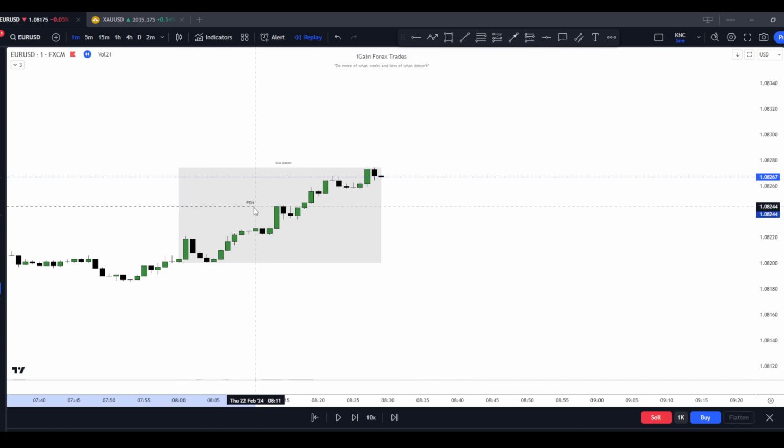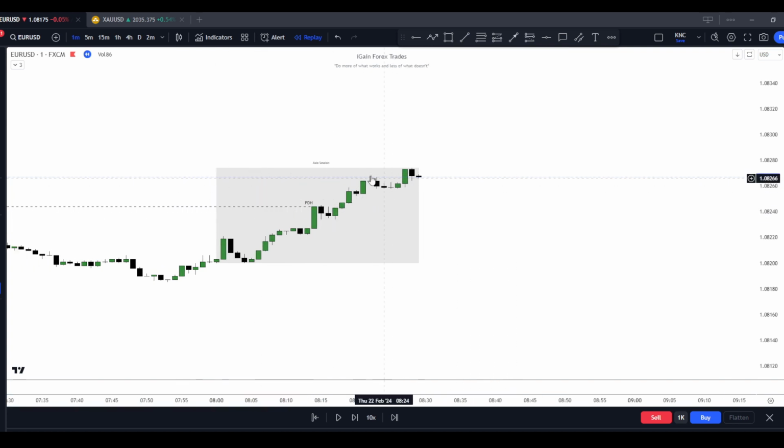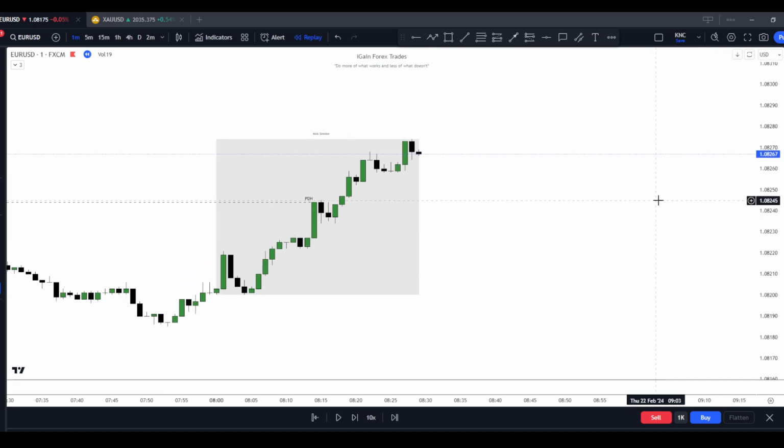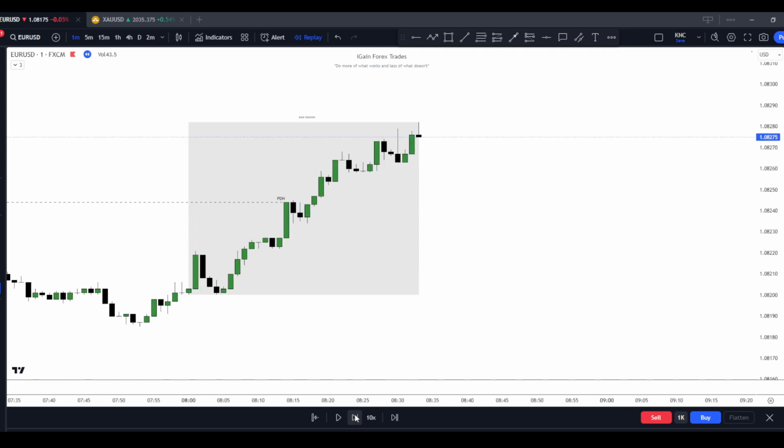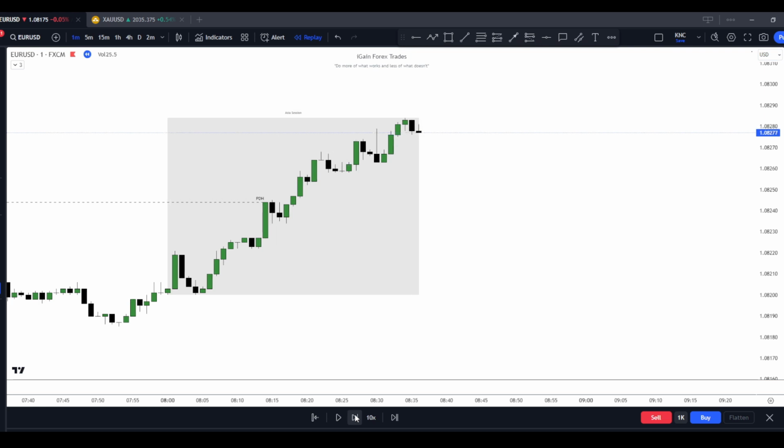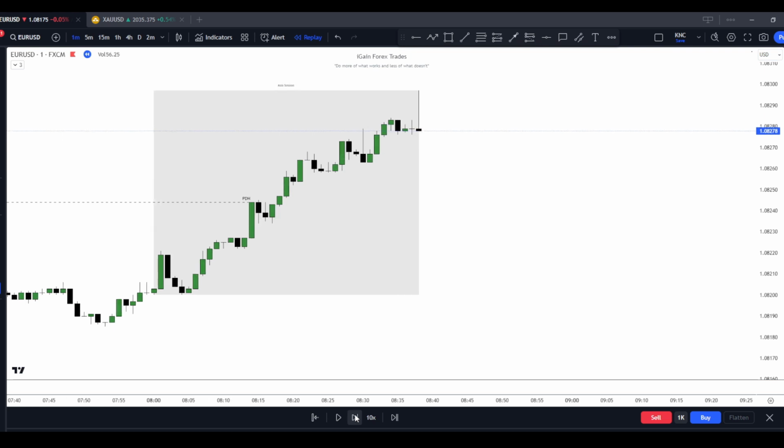Okay, here, this is our previous day high. So we could not yet see a market structure shift. Okay, we have a lot of liquidity sweeps here.